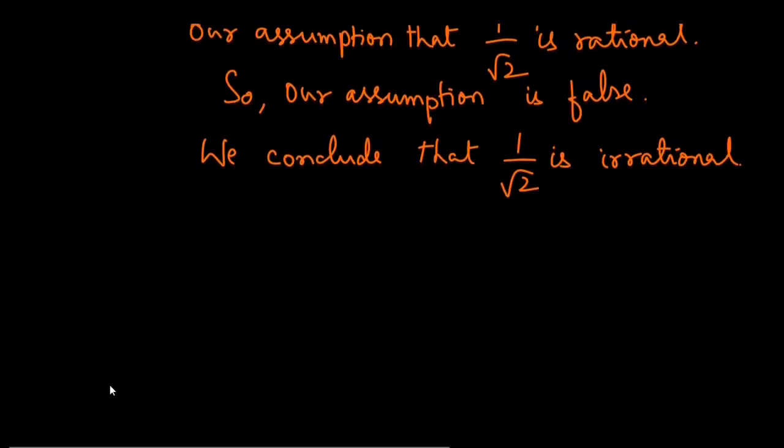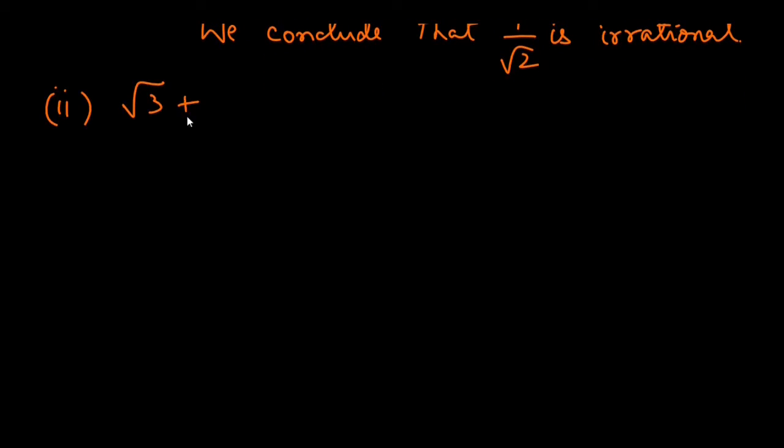Now let us see the second one, root 3 plus root 5. To prove this irrational, we will use the fact that root 3 is irrational and root 5 is irrational. We can use either root 3 is irrational or root 5 is irrational, so that we can prove root 3 plus root 5 is irrational.